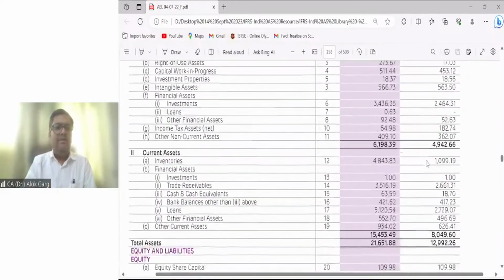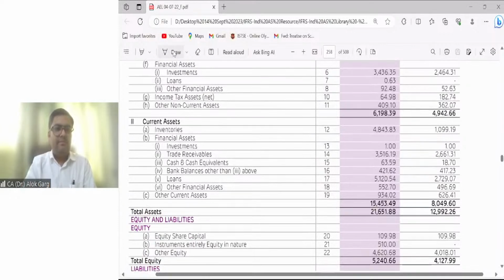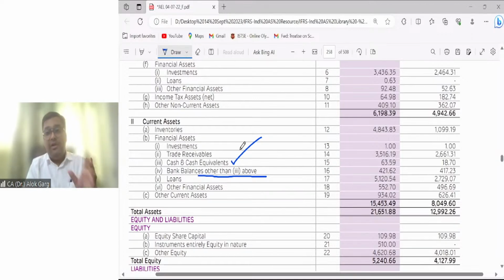In the balance sheet, you can see in the current assets, there is cash and cash equivalent. And then on the current asset side only, there is a bank balance other than three above. So all the cash in hand, cash at bank, demand deposits and your cash equivalents, which can be convertible into a known amount of cash within an original maturity period of 3 months, will be covered here.